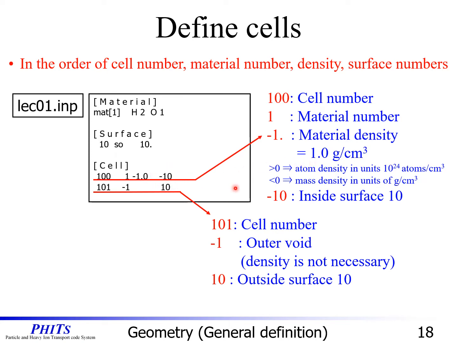When material density is over 1, the unit is atom density, 10 to the 24 atoms per cubic centimeter. When material density is less than 1, the unit is gram per cubic centimeter. The next line defines the outer void cell, outside surface 10. When you define void, density is not necessary.